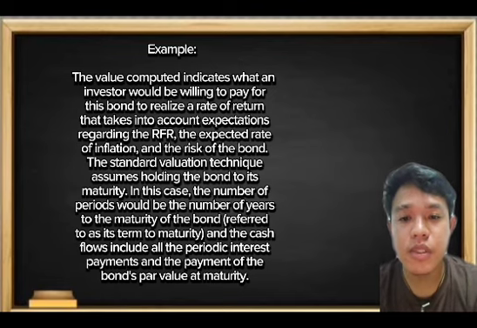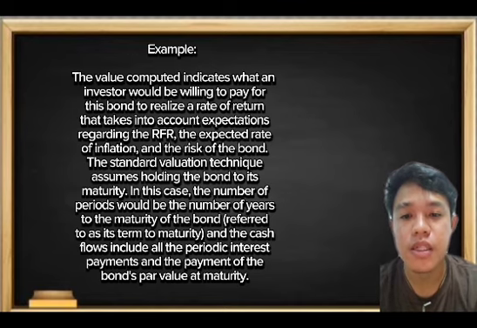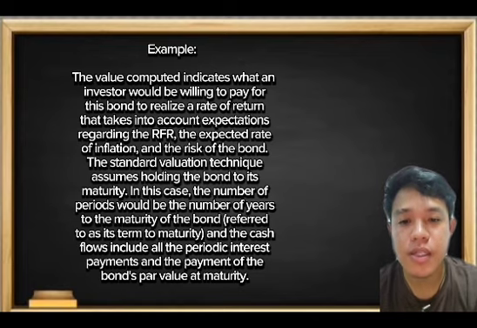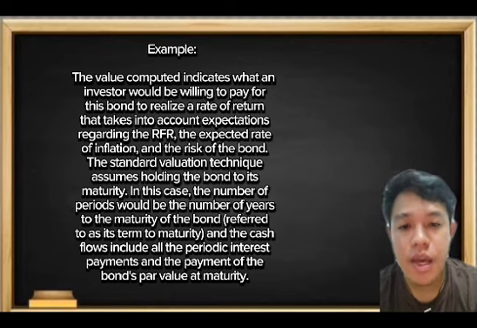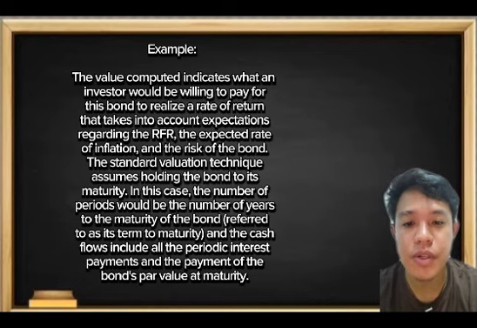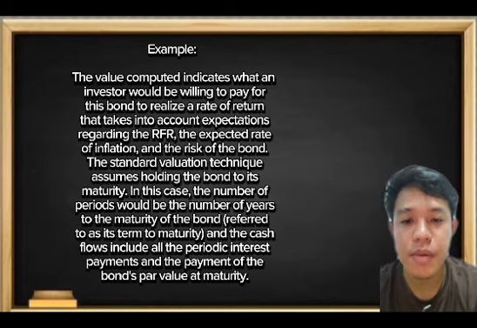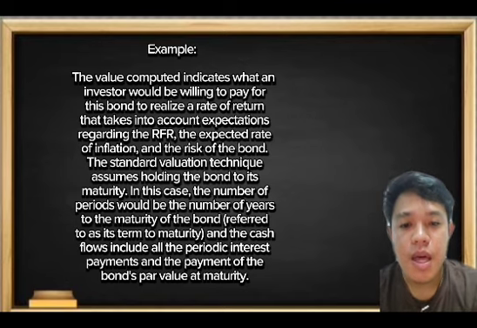The standard valuation technique assumes holding the bond to its maturity. In this case, the number of periods would be the number of years to maturity of the bond, referred to as its term to maturity, and the cash flows include all the periodic interest payments and the payment of the bond's par value at maturity.